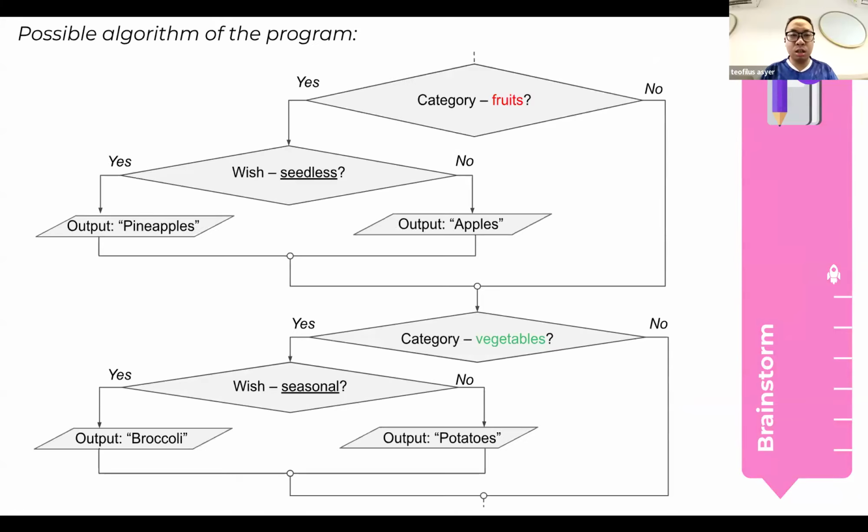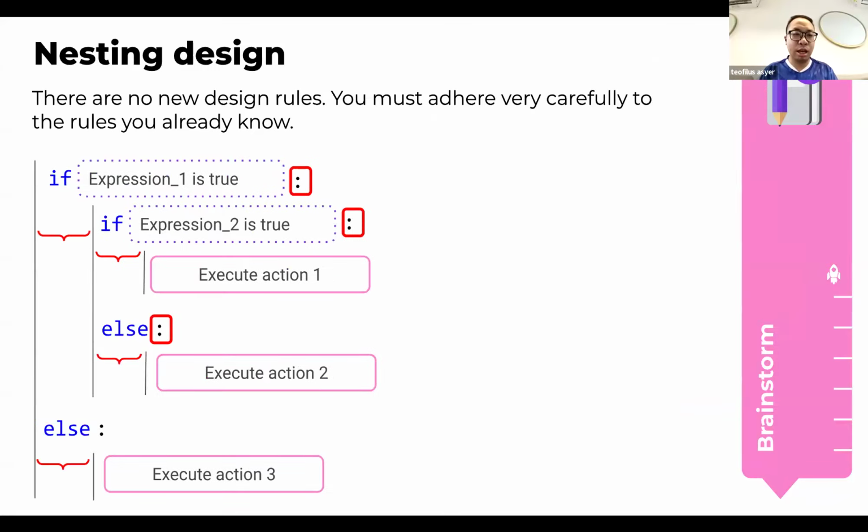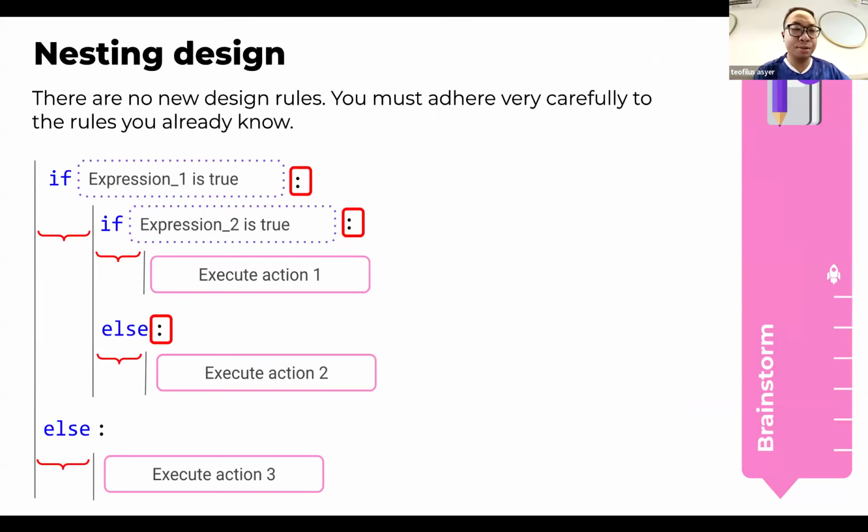Okay. Nesting design is going to be like this. So if you see, there is another if inside the if. This is very common in nesting design. And you see in here, jadi selain if aja, bisa juga ada if else, tapi di dalamnya ada if else lagi.